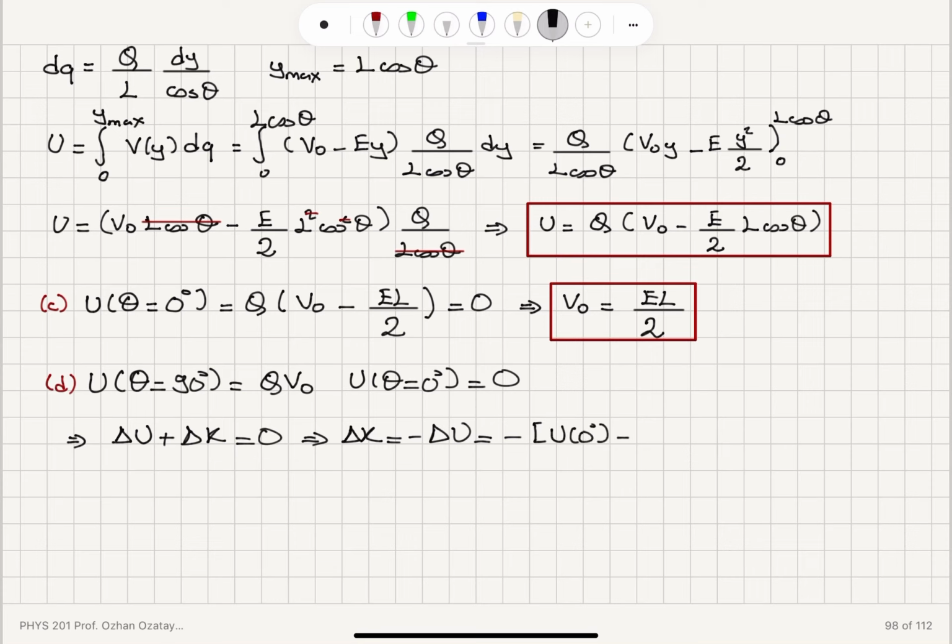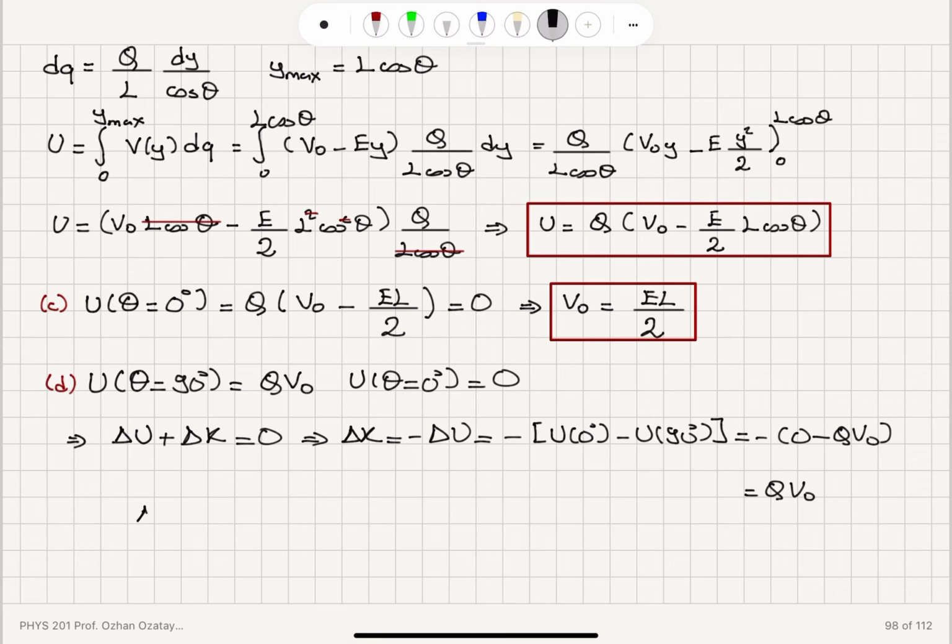So potential at 0 degrees minus potential at 90 degrees is 0 minus Q times V0, so minus that gives me Q times V0.